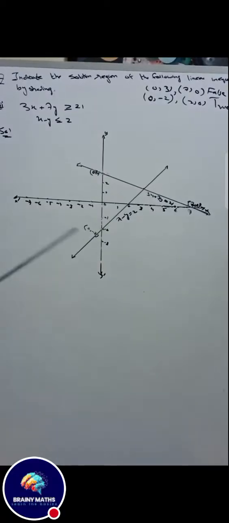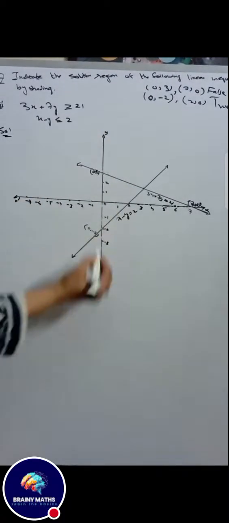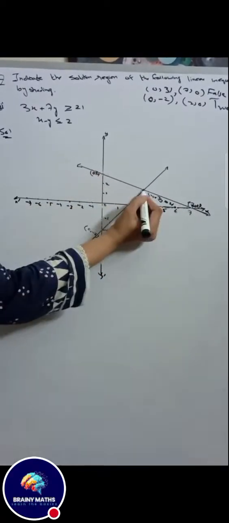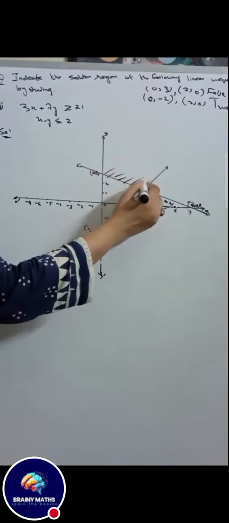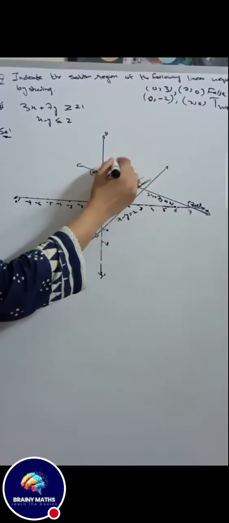Now, the first line was false, and the next line was true. False means away from the origin. The origin is this. Line is this. Meeting point is this. We just take this area, away from the origin. So it must be like that. Alright?